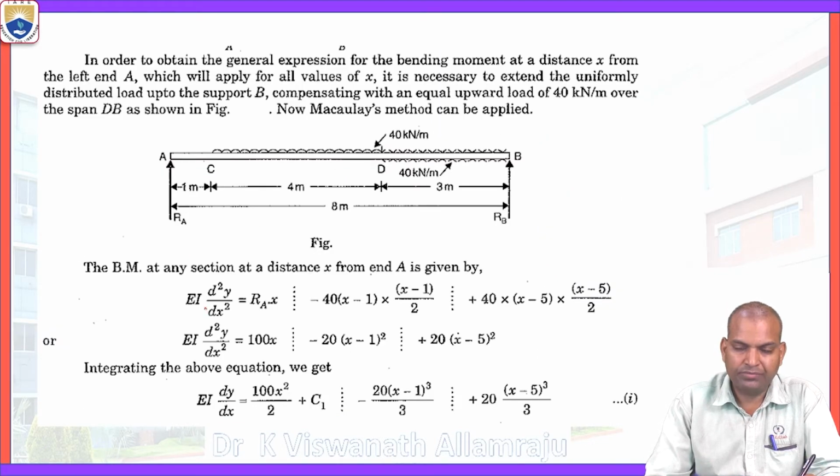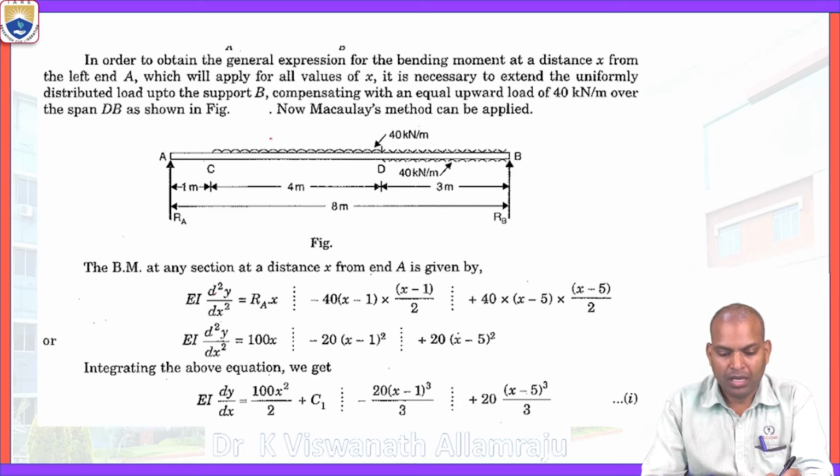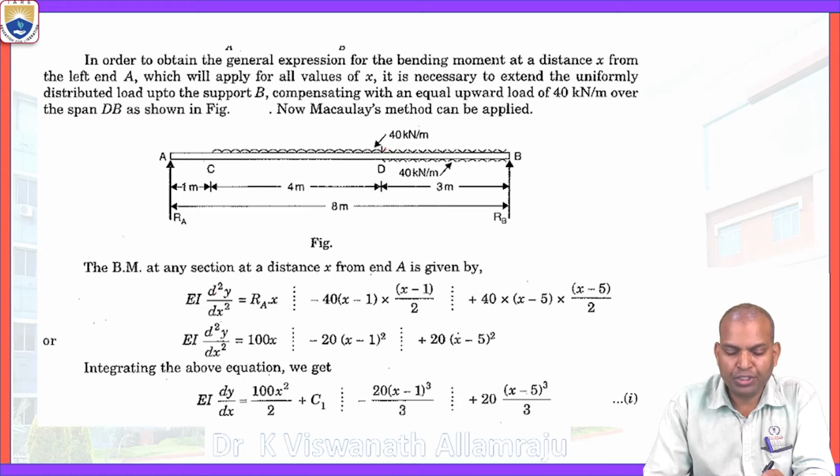This is the equation EI times d square y by dx square. We consider x as the distance from end A. Now the point is that the uniformly distributed load is missing between D to B. So for simplifying, we consider the top 40 kilonewtons per meter and the bottom also 40 kilonewtons per meter, so that top and bottom cancel and there is no effect.